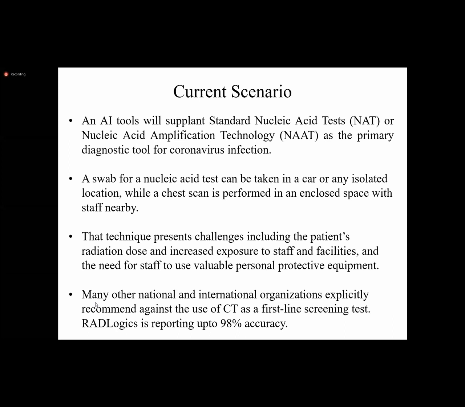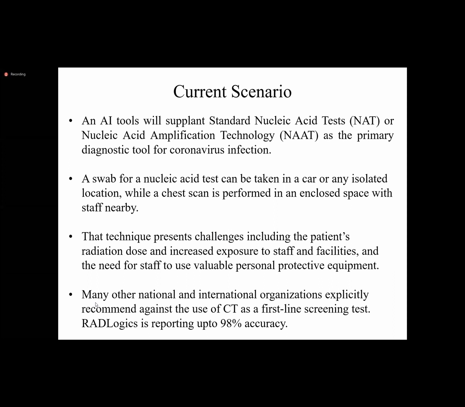The technique presents challenges including patient radiation dose, increased exposure to staff and facilities, and the need for staff to use valuable personal protective equipment. Many national and international organizations therefore recommend against the use of CT as a first-line screening test.